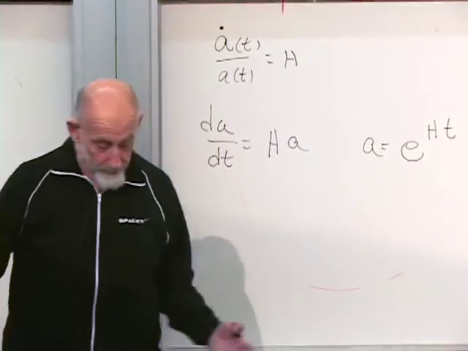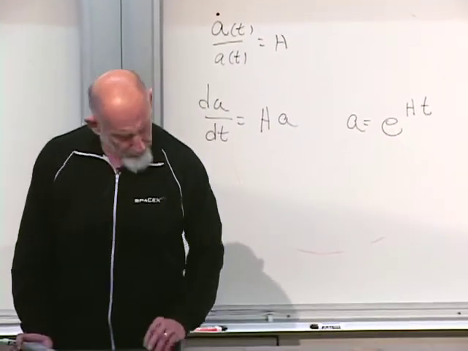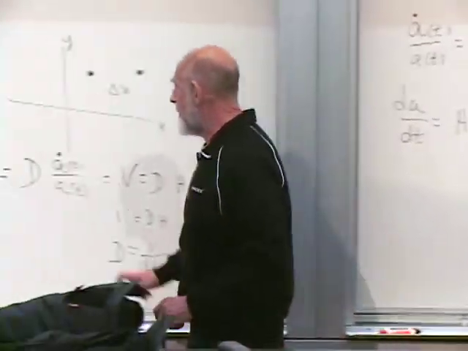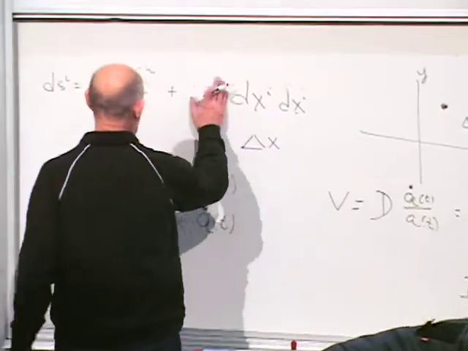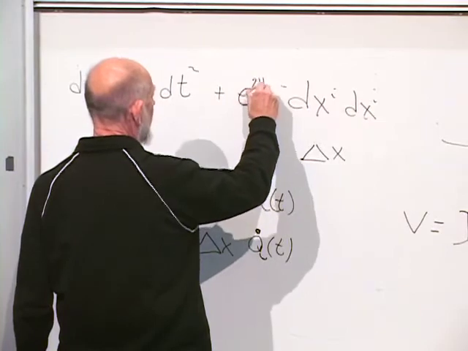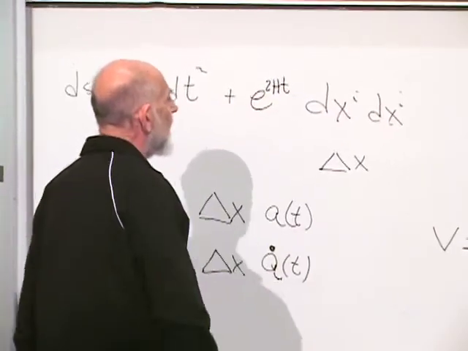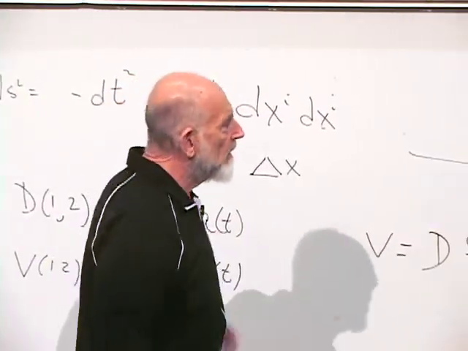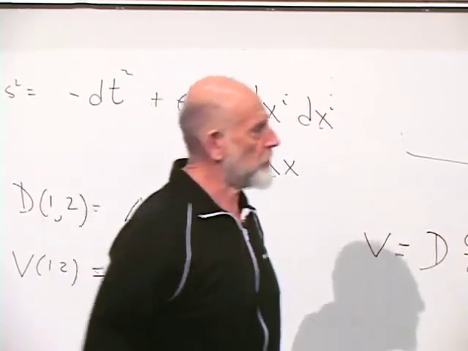A space with this property, with a being of the form e to the Ht, so that a squared is e to the 2Ht. Why did I put a 2 there? Because it's squared.